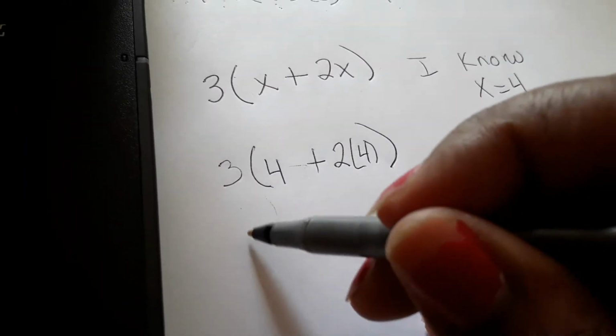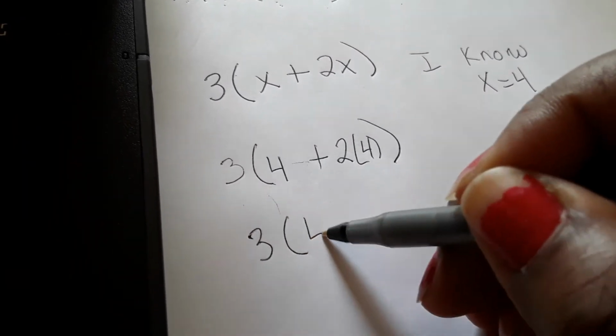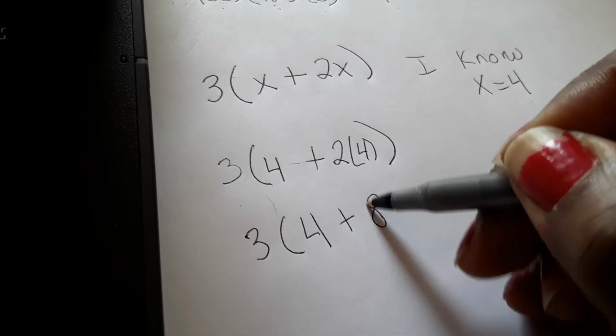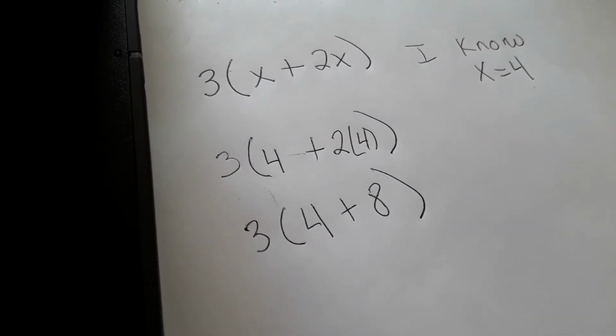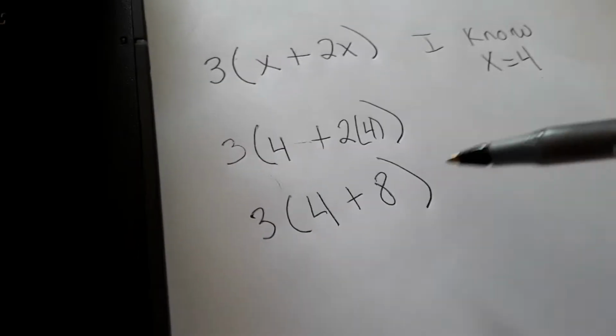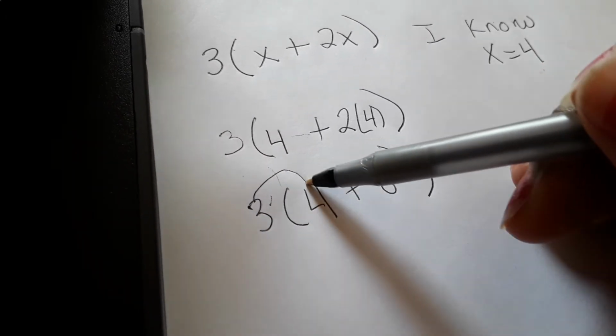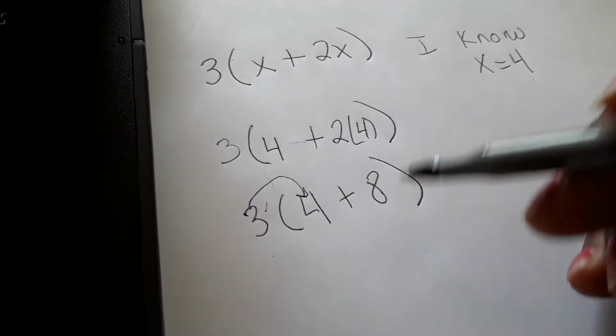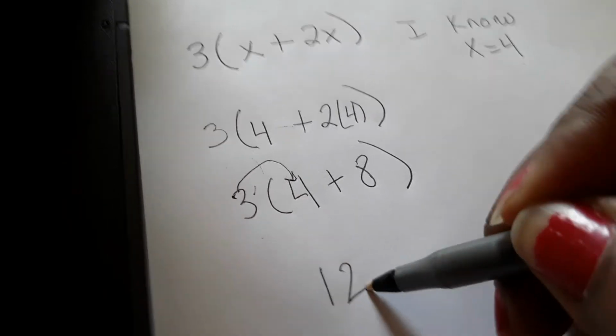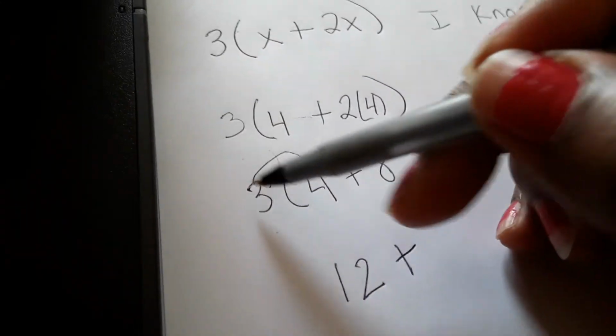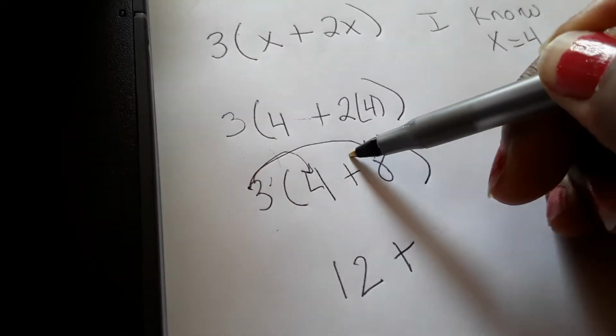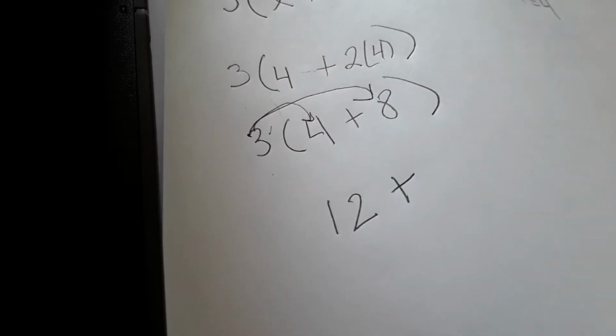So I know 3 times 4 plus 8. Now, just because I want you guys to get used to distributive property, let me show you distributive property in this. 3 times 4 would have given me 12. Plus 3 times 8. And yes, I know you could have done it another way. I'm not naive at all.